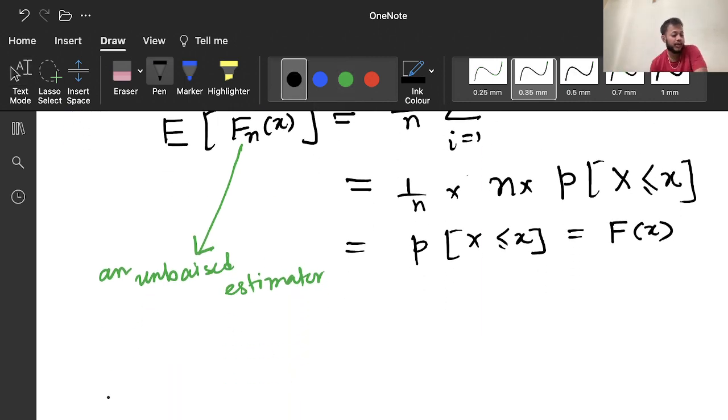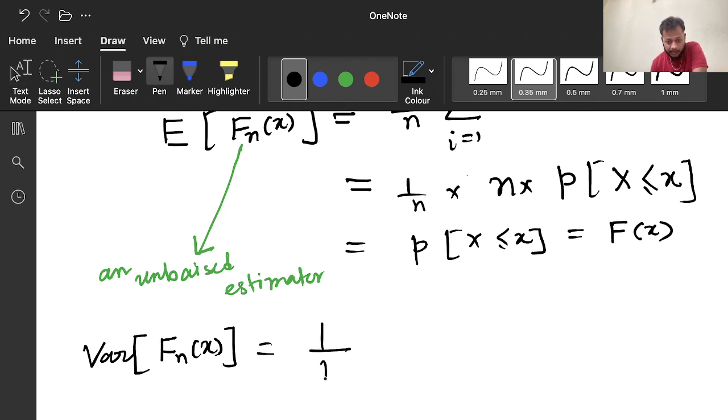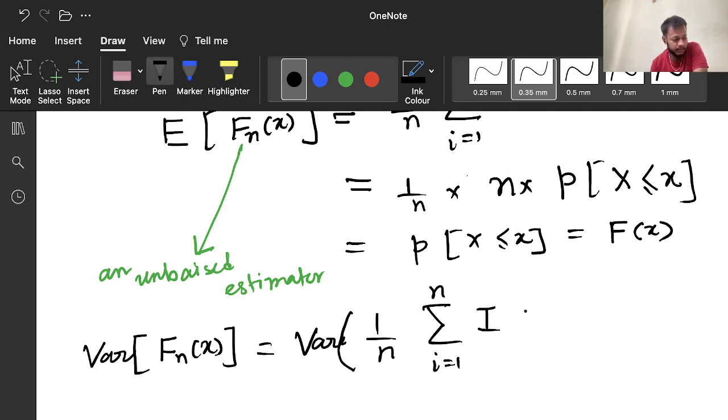So we'll check whether it is weakly consistent or not. So we'll see the variance of F_n(x), and the variance means it will become the variance of 1 by n summation of i equal to 1 to n, I(X_i less than small x).